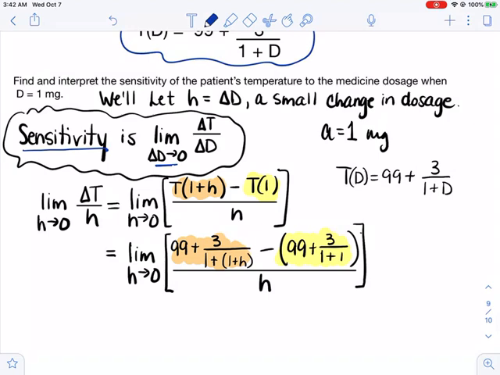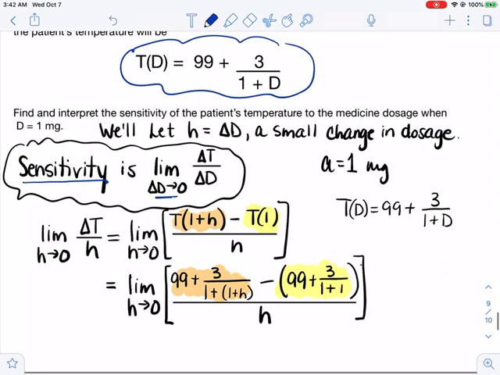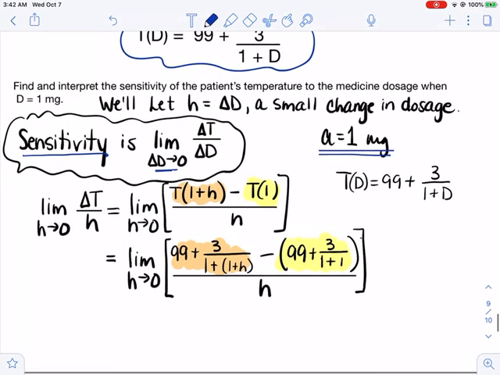Okay, so what we're going to do is take the limit. So sensitivity is the limit as the change in dosage goes to 0 of delta T over delta D. We're going to say our A value, that particular critical location, is when D, the dosage, is 1 milligram.